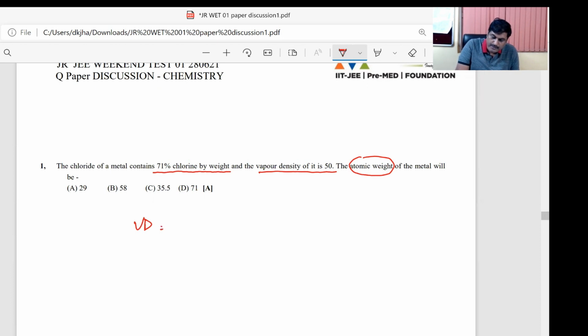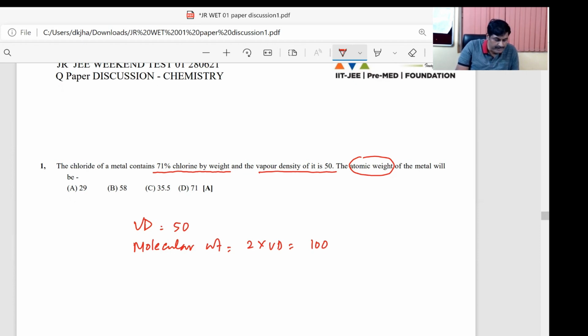Vapor density is equal to 50. Then the molecular weight is equal to 2 into VD, which is 100.